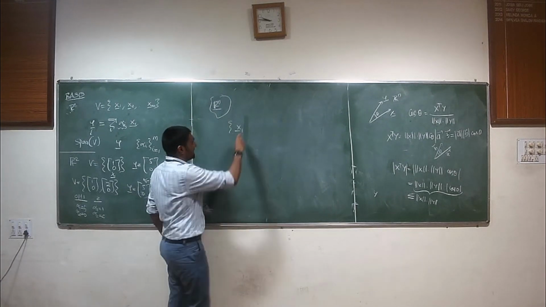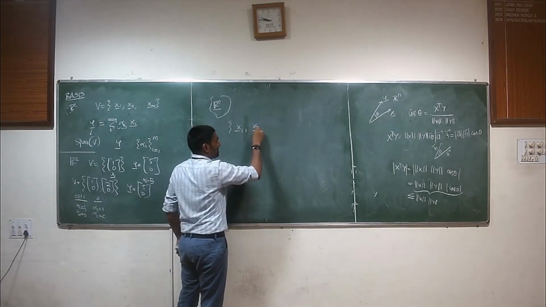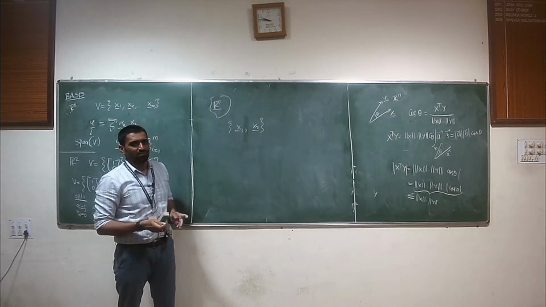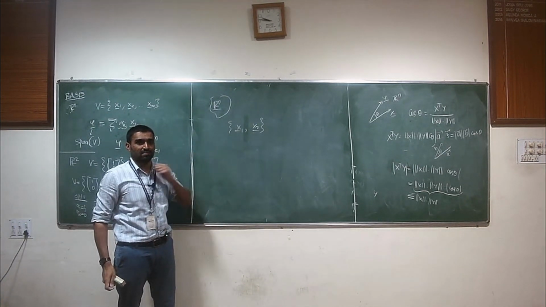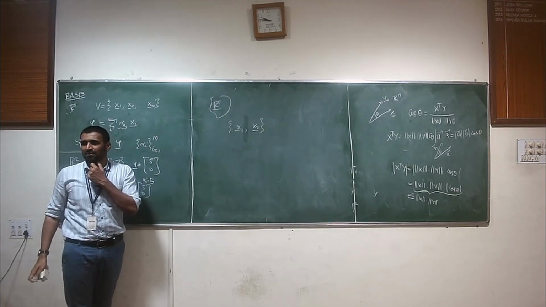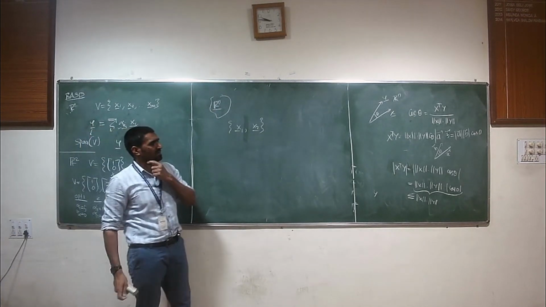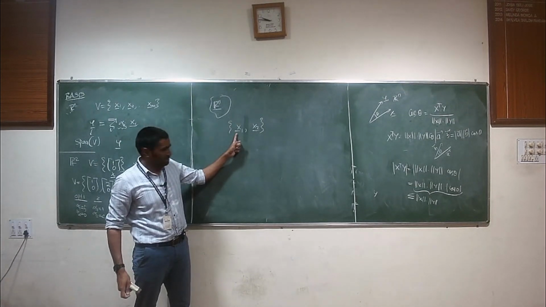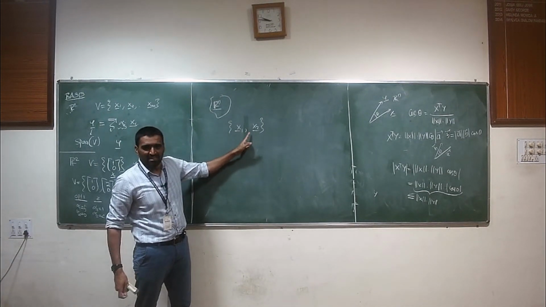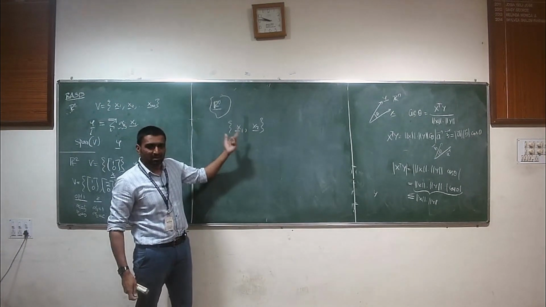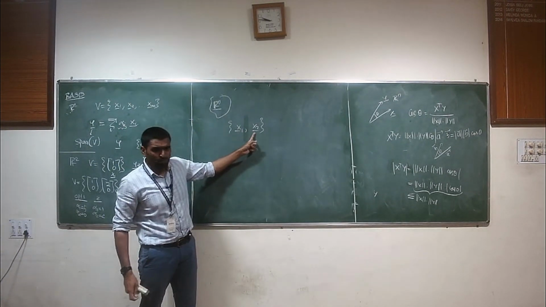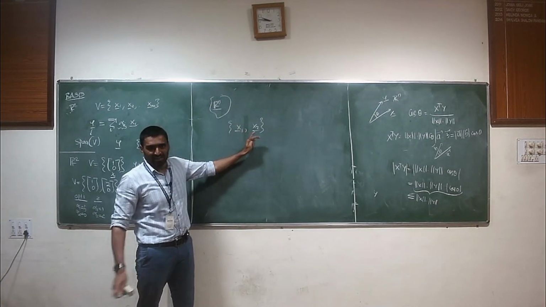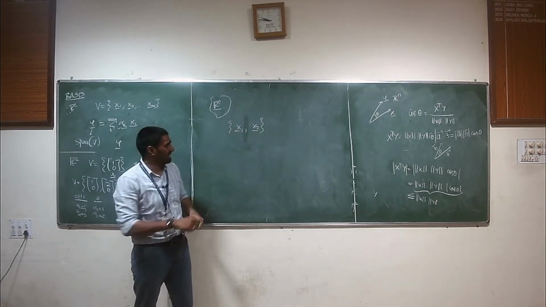Then I randomly choose another vector and ask, is this linearly independent? When will it be linearly independent? As long as x2 is not collinear to x1, then you're okay. Or another way to put it, as long as x2 is not in the span of x1, then you have a linearly independent set.